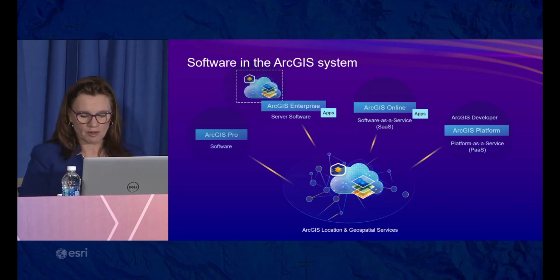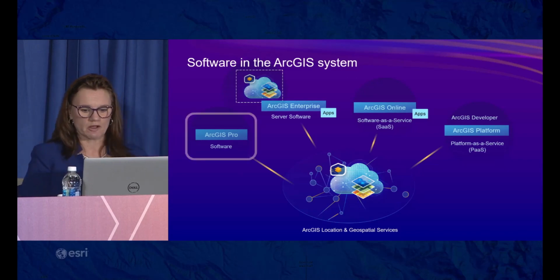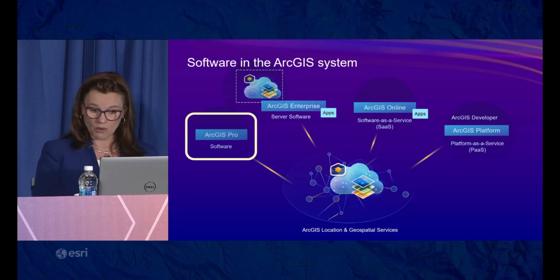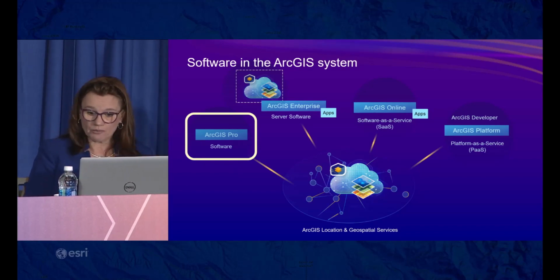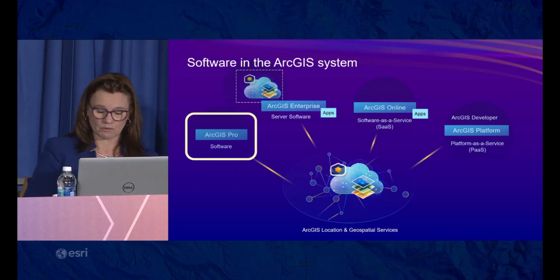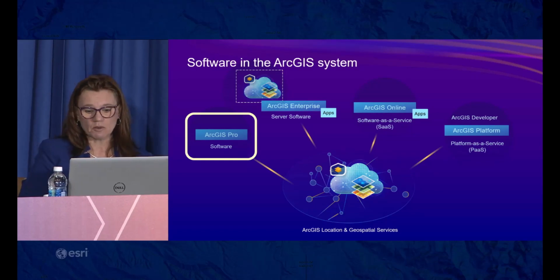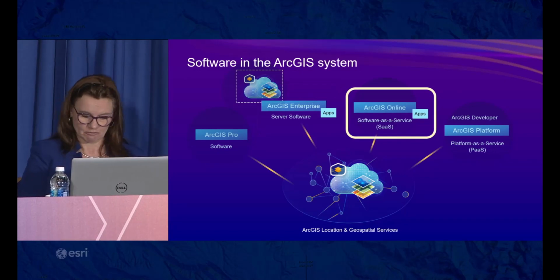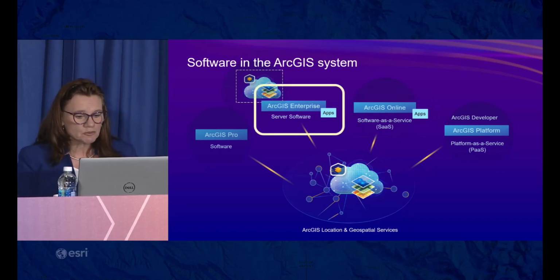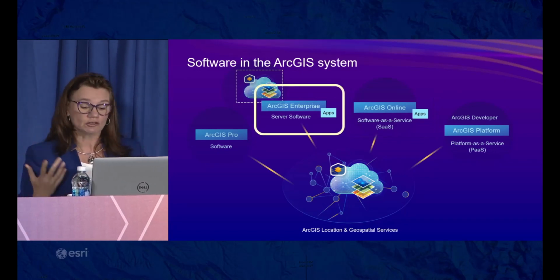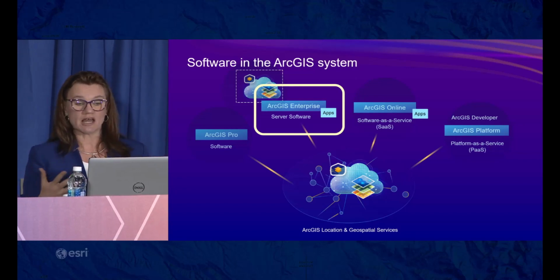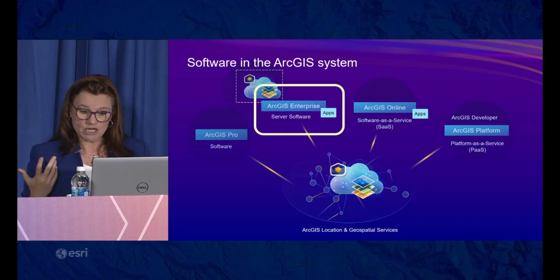And from here, let's take a look at the actual products. What are the software products we can work with in the ArcGIS system? First of all, there's ArcGIS Pro, we mentioned already. Our prime desktop application, we will take a closer look at that in a moment. Then there is ArcGIS Enterprise, which includes server software. ArcGIS Server is a technology that makes WebGIS happen.